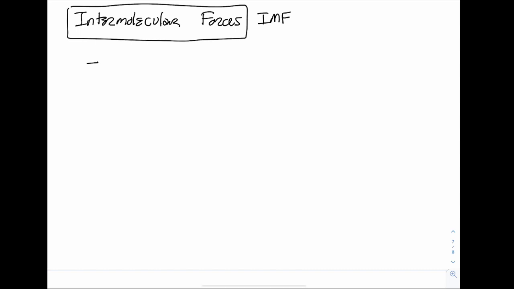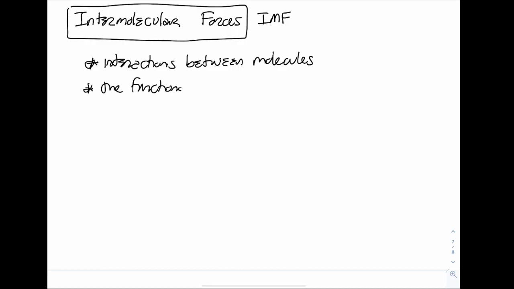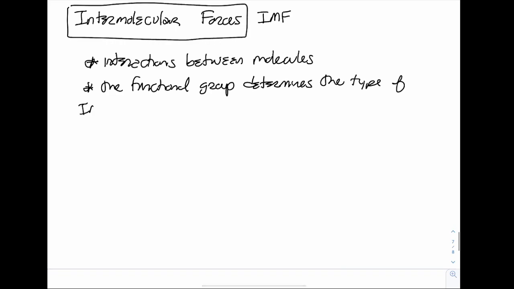So these were the interactions between molecules. And oftentimes the functional group determines the intermolecular forces, so the type of intermolecular forces that the compound has.